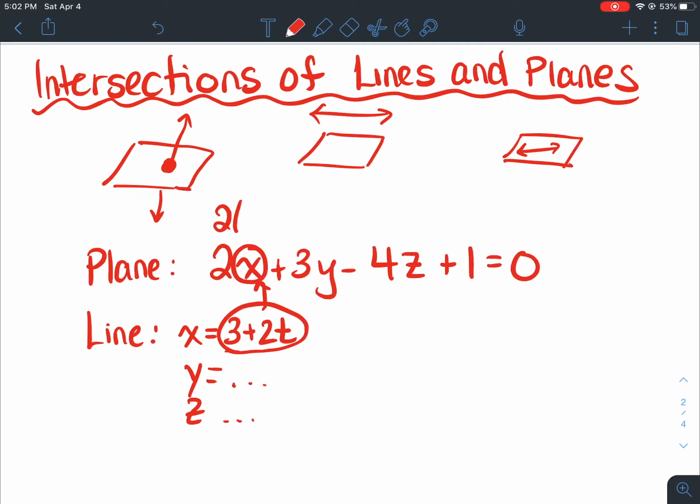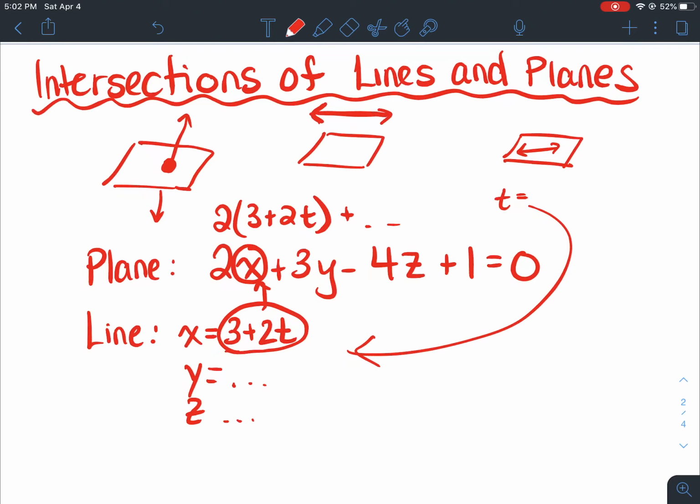So it becomes like 2 bracket 3 plus 2t plus, and so on. Again, I'm not going to go through how to solve all these because there are individual videos out there on my channel or on our hub page. But basically we subbed them into each other and we solved for t. And then we subbed t back into our parametrics to find the point of intersection.